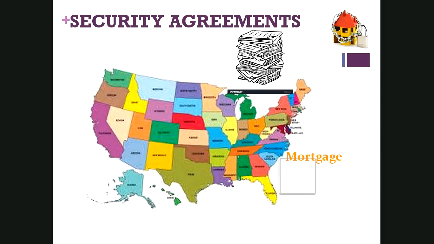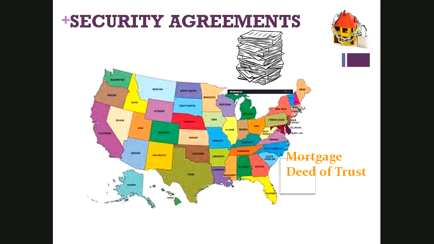So one is called a mortgage, and the other is a deed of trust. Some states may use both, but most of the time states are going to use one or the other. Now these documents are pretty much identical in form and in substance.